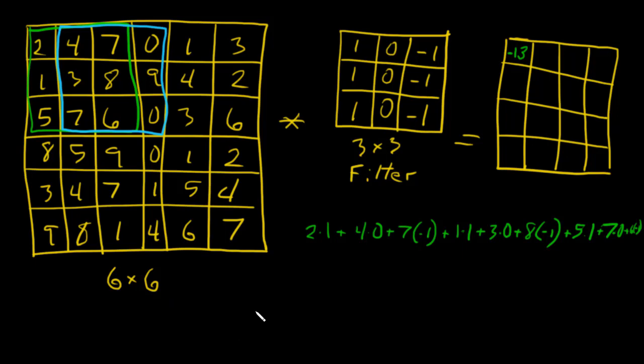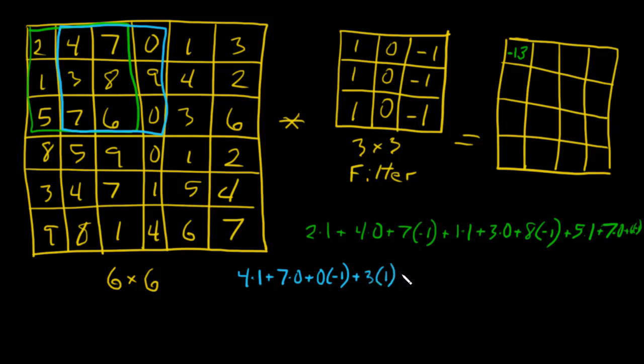So let's see, if I start here, I'm going to get 4 times this 1. So 4 times 1 plus 7 times 0, plus 0 times negative 1, plus 3 times 1.